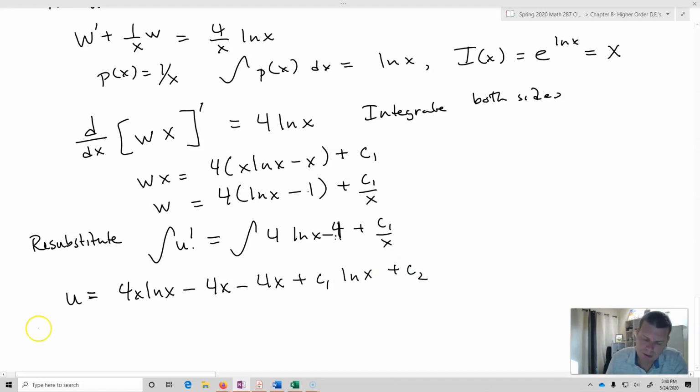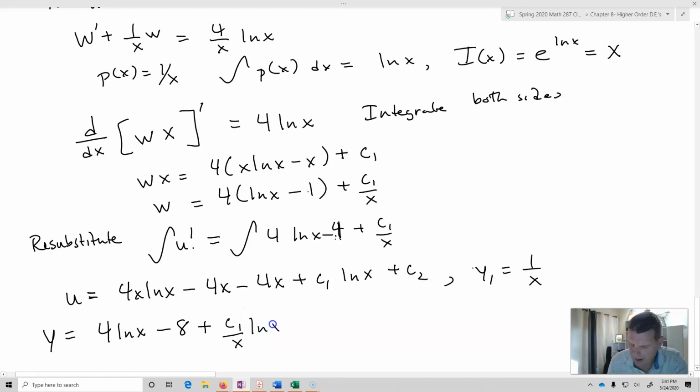Now, if you remember, y1 equals 1 over x. So what that's now going to give me is that my new y is going to equal 4 ln of x minus 8 plus c1 over x ln of x plus c2 over x.